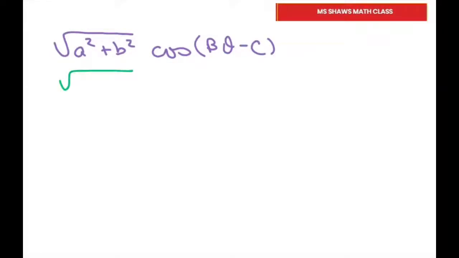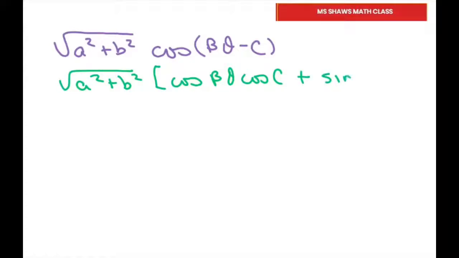So let's expand that using our formula. So that's going to equal cosine of b times theta, cosine of c, plus sine of b times theta, sine of c.